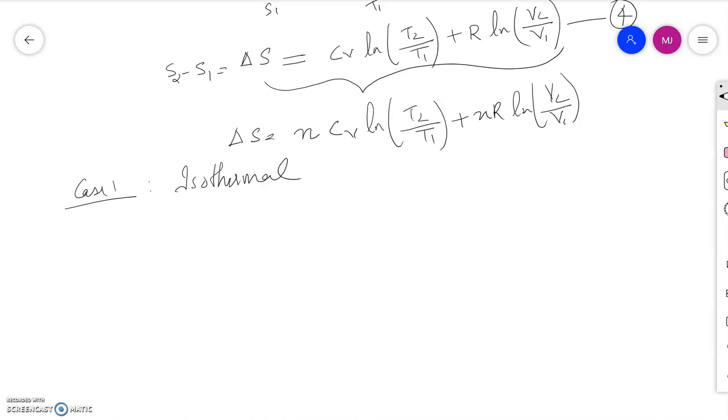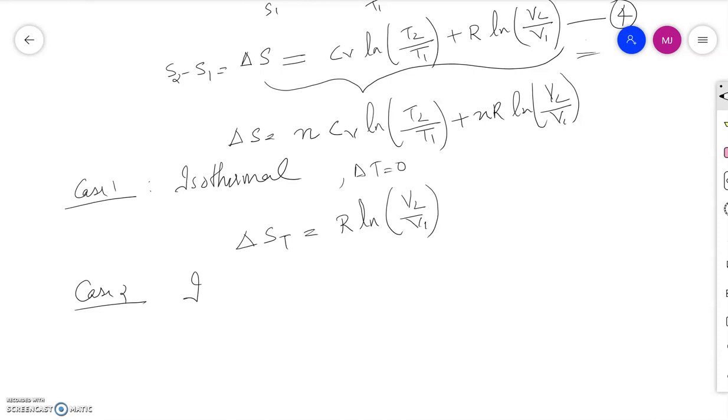What do you mean by isothermal process? Isothermal process is a process where delta T is equal to 0, or the temperature remains constant. Therefore equation 4 becomes delta S_T, that is equal to this term. The first term reduces to 0, so the equation becomes R ln V2 by V1.